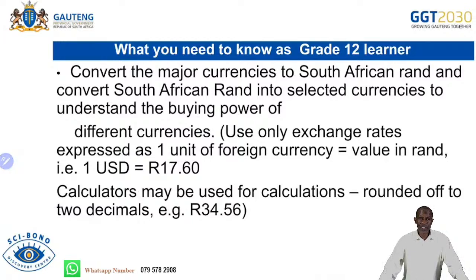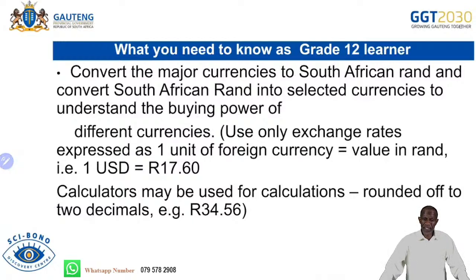You are allowed during any formal assessment to use calculators during calculations, and you are further reminded to round off the final answer to 2 decimal fractions. For example, 34 rand 0.56.